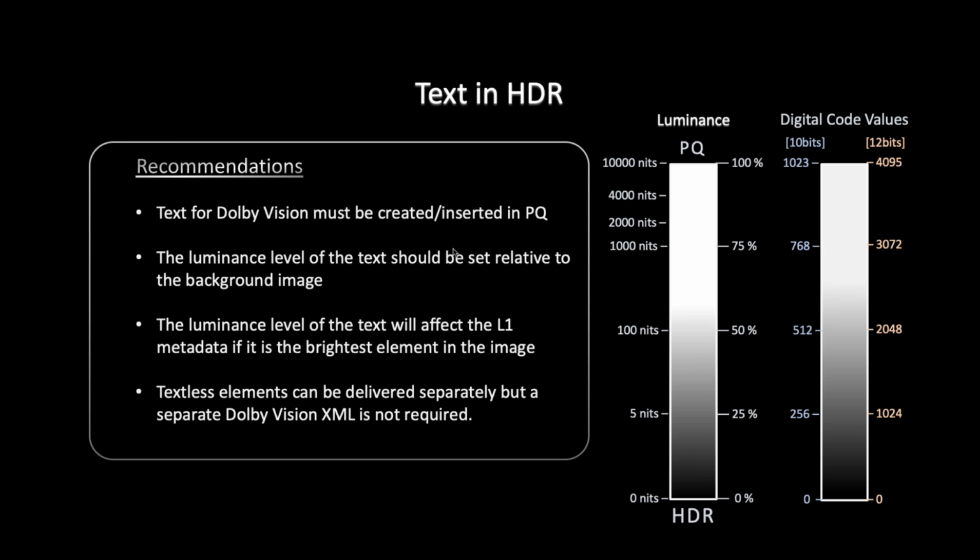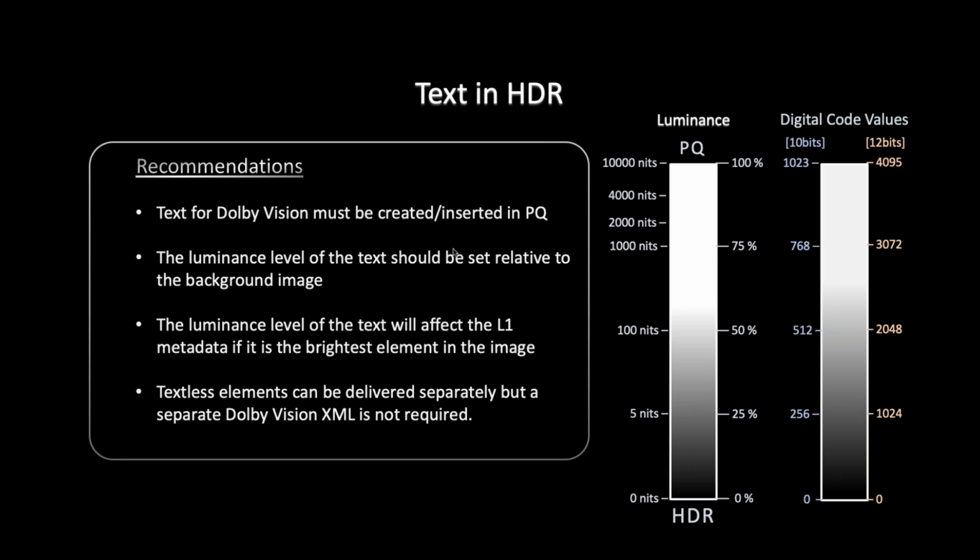All right. And just as a quick summary, remember text needs special attention in HDR. You must ideally create it in PQ, or if not, at least insert it in PQ so that you're aware of what level of brightness it sits in the picture.